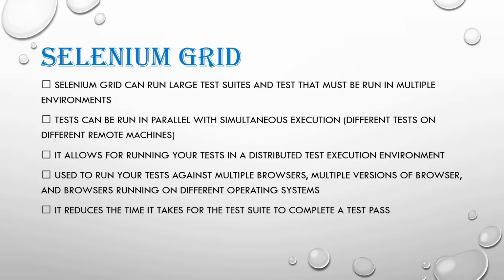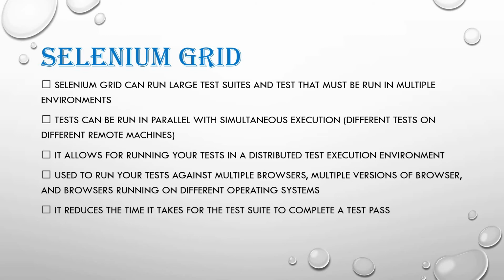The next component is Selenium Grid. Selenium Grid can run large test suites and tests that must be run in multiple environments. Selenium Grid is generally used for running our test suite in parallel, that is, for parallel execution of the test scripts. We can run more than one test script at the same time.